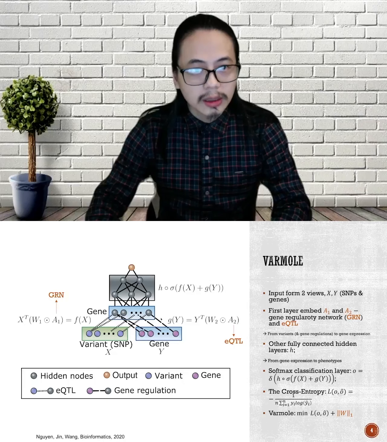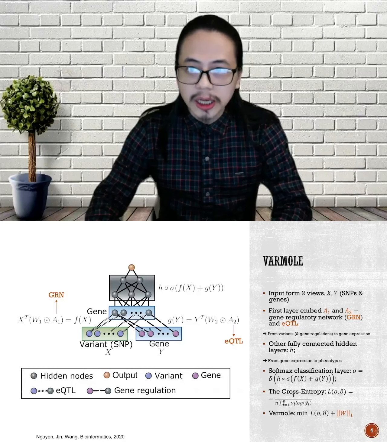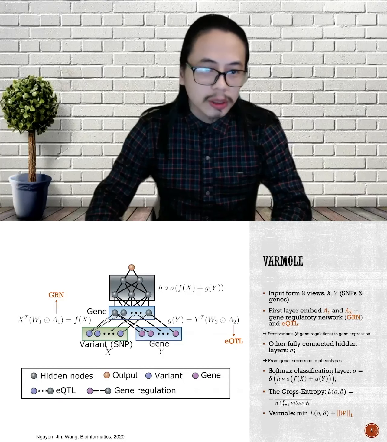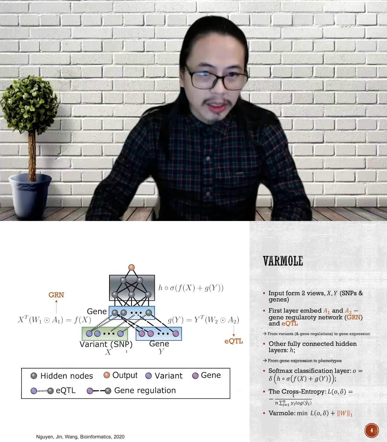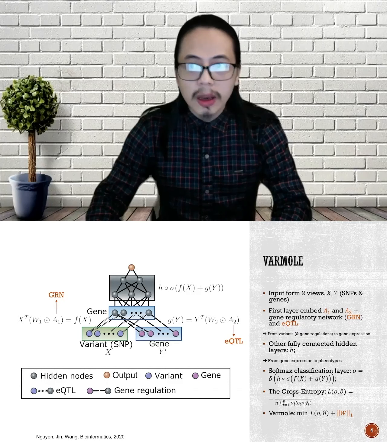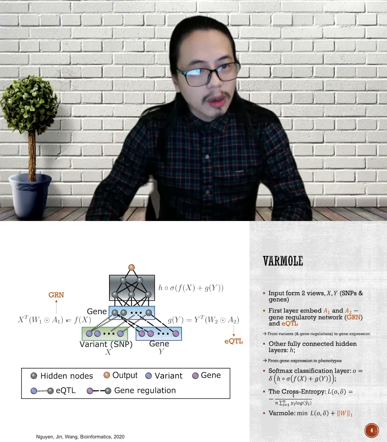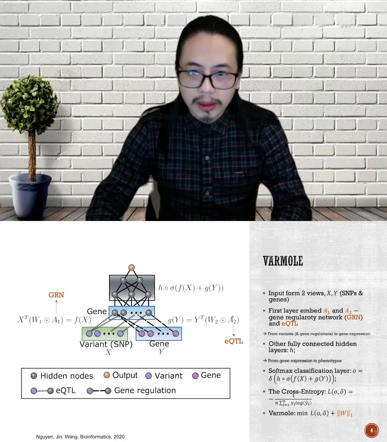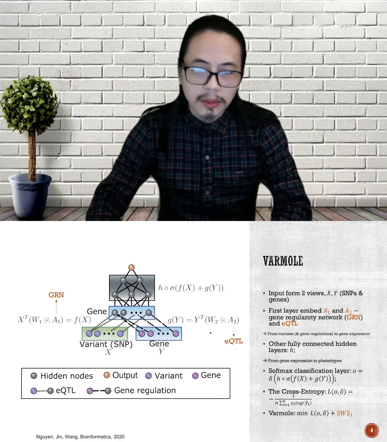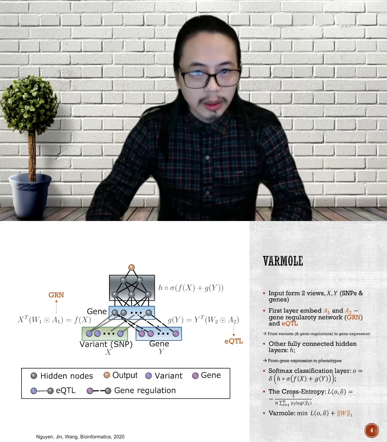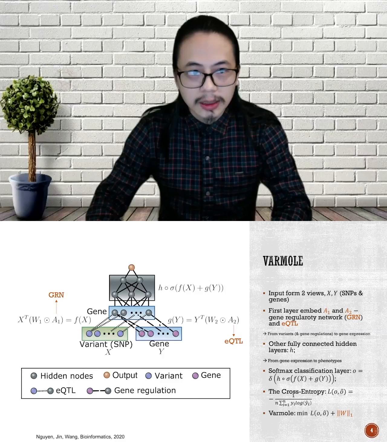it is the first layer, and it's a transparent layer which takes the input from 2 different views, variants X and genes Y. And it also embeds the network A1, which is a gene regulatory network, and the network A2, which is the eQTL, as the prior knowledge in the architecture.